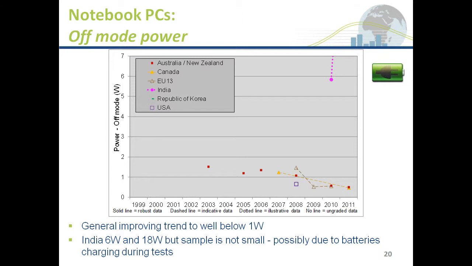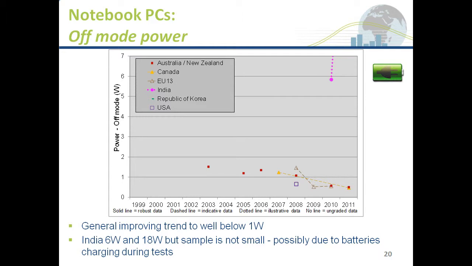The samples from India actually showed in excess of 6 watt average, even up to 18 watt in 2011, but having discussed with the project managers of this particular piece of analysis, it does seem possible that the sample tested in India in the shops were actually products that had their battery charging at that point, which would certainly give rise to a much higher measured power.